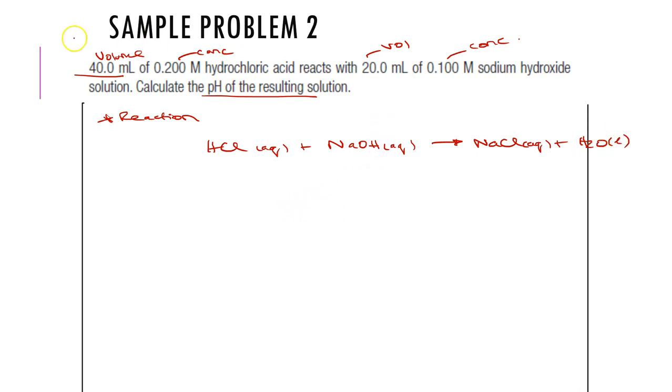Okay, so I have 40 mL of 0.2 molar hydrochloric acid and 20 mL of 0.1 molar sodium hydroxide. I will get 1 HCl neutralizing 1 sodium hydroxide. Okay, the only way I can compare amounts in chemistry is to determine the number of moles. So what I'd like you to do is pause this video, calculate the number of moles of each of them, and then come back and we'll look at the solution.